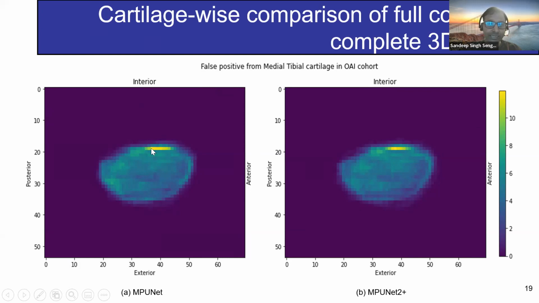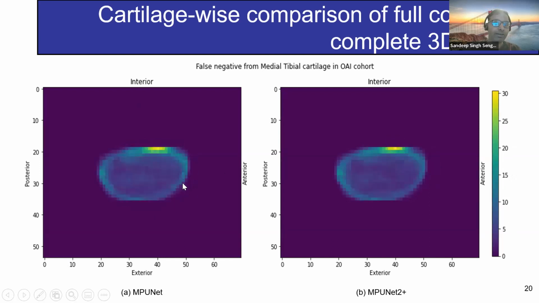Here you can see it is a little darker than this one, and the same in other places. So we can say we have fewer false positives in the complete 3D scan as compared to the previous one. In the same way we have done it for false negatives for the medial tibial cartilage, right?